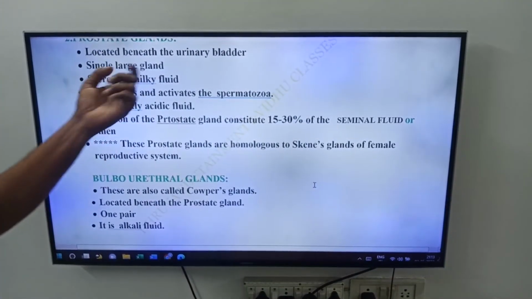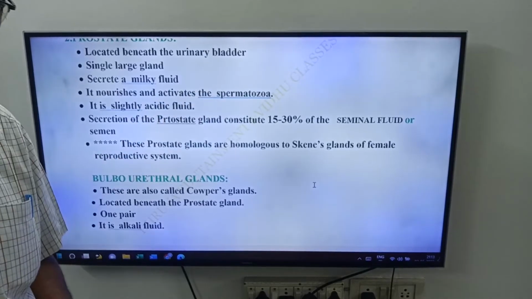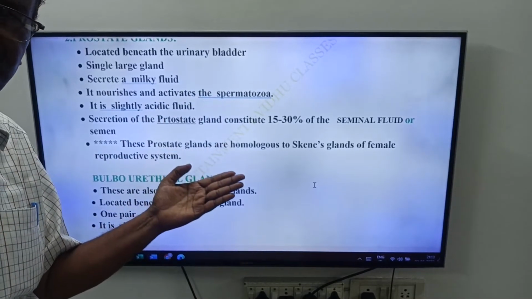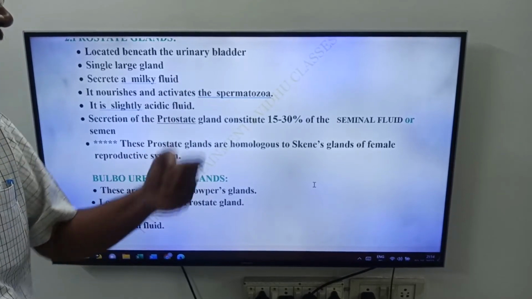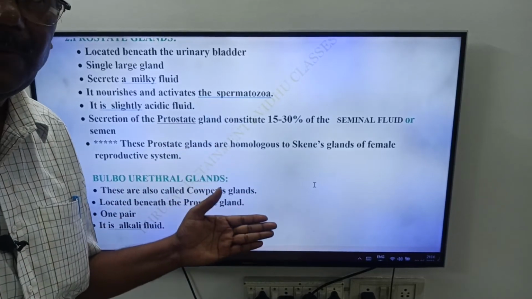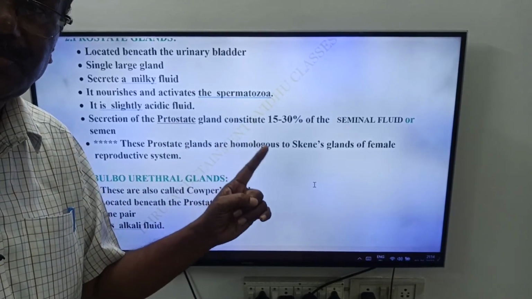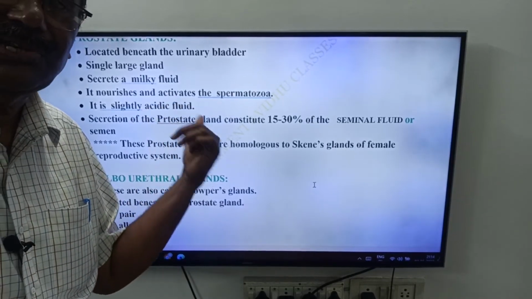It secretes a milky fluid. It nourishes and activates the spermatozoa. What are the functions of the secretion of the prostate gland, friends? It nourishes and activates the spermatozoa. It is slightly acidic, friends. The fluid of the seminal vesicle is slightly alkaline, friends. The fluid of the prostate gland is slightly acidic.